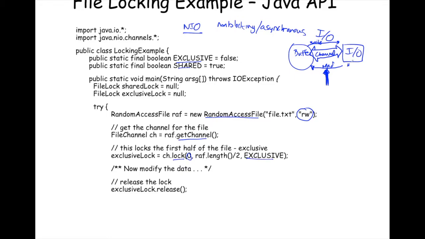So for my random access file on disk, through that channel I'm going to say, for the first half of this logical address space, I'm going to make it exclusive so only I can write or read that first half of the file. After that, I would insert some code to modify the data. Then I release that exclusive lock.